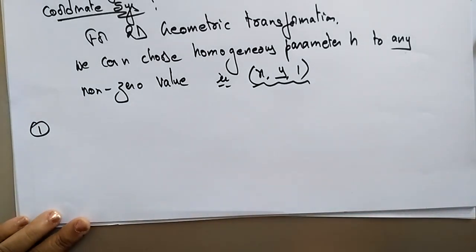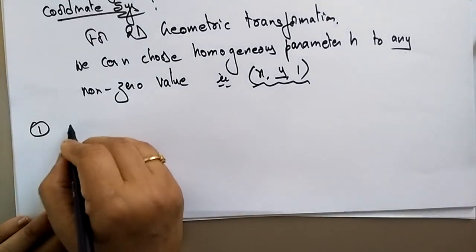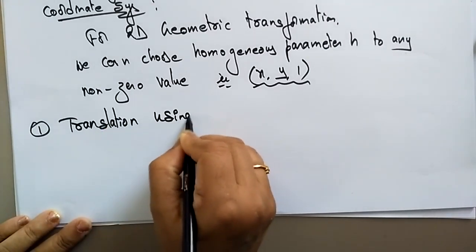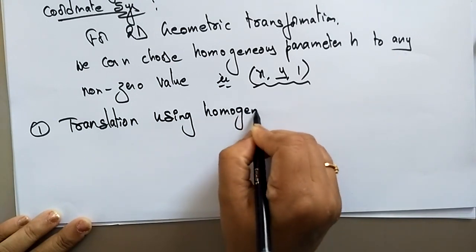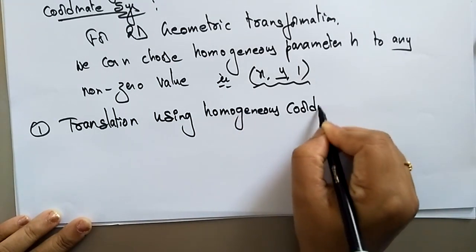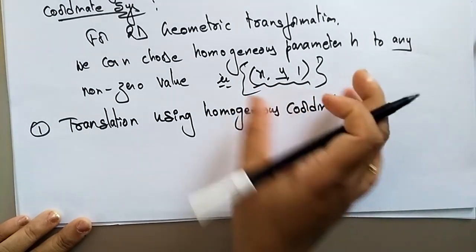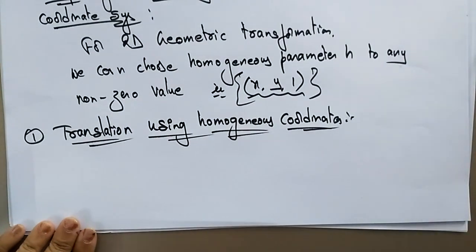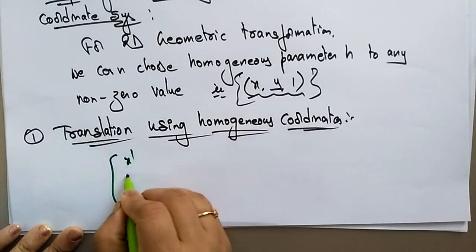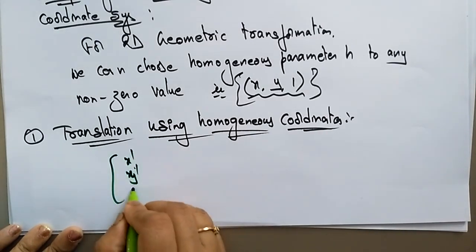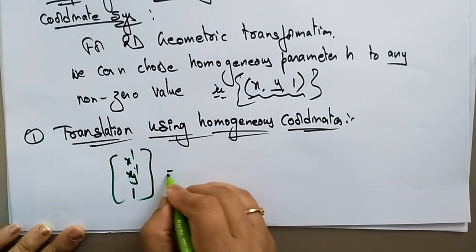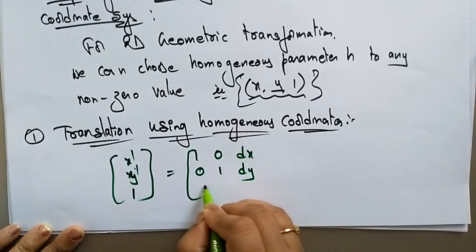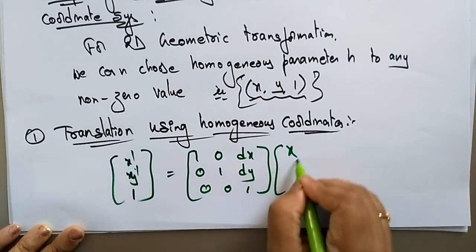Translation using homogeneous coordinates: what is the formula for translation? x dash, y dash, 1, that is P dash, is equal to the matrix 1 0 dx, 0 1 dy, 0 0 1, times x, y, 1.